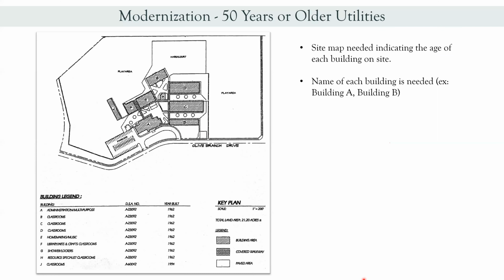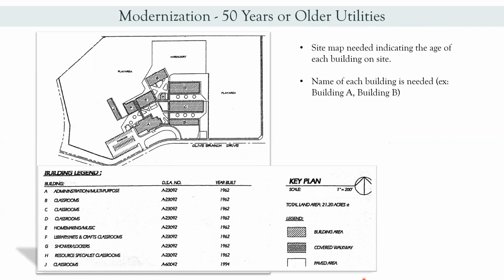Just to make it a little easier to see, here at the bottom, we can see that they listed the name of the buildings, as well as the type of building it was. For example, building A was administration multi-purpose, and this is really important, the year it was built. This one was built in 1962, as well as the rest of these. So all the ones in yellow are at least 50 years or older.